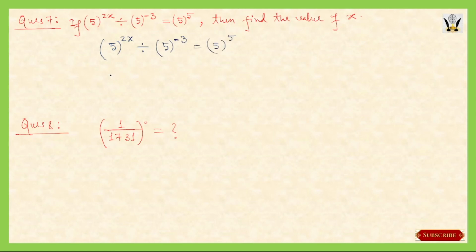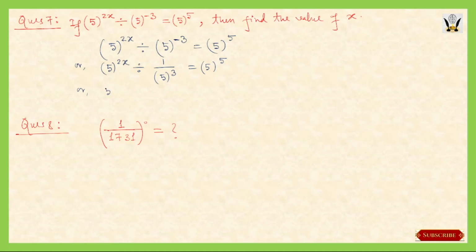On both sides of this equation the bases are the same. So first we will express this negative exponent in the form of a positive exponent. It will be 5 to the power 2x divided by, since a to the power minus n is 1 divided by a to the power plus n, 1 over 5 cubed, and that will be equal to 5 to the power 5.